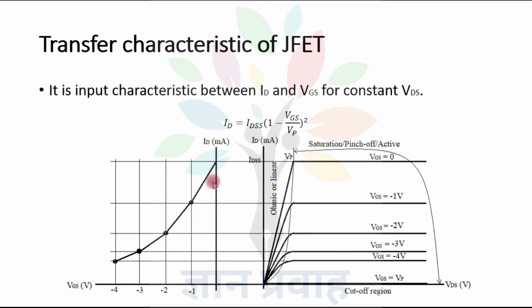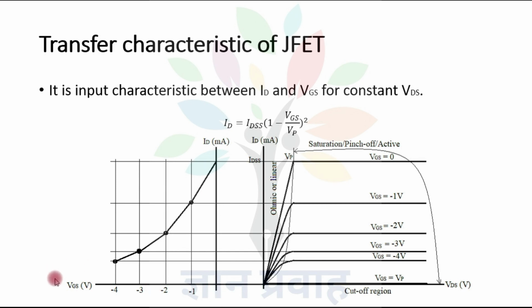So drain current ID on the vertical axis and VGS voltage, it is reverse wise in case of N channel JFET, and VGS is positive in case of P channel JFET. So here we are discussing N channel JFET only. That's why we are showing the characteristics for N channel JFET.